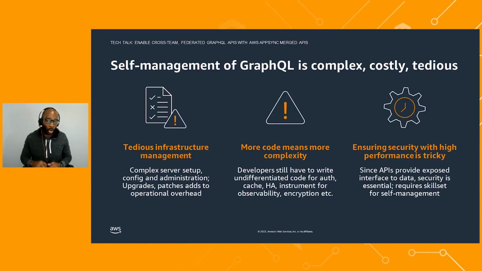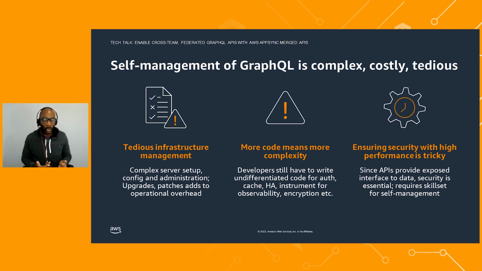And when you deal with more code, you end up dealing with more complexities. You not only need to understand how that code works, you need to understand what every single change to that code means to your application. You need to instrument it, you need to operate it. Every single change is another real wrinkle in your operational system. So that is another thing that you have to think about.